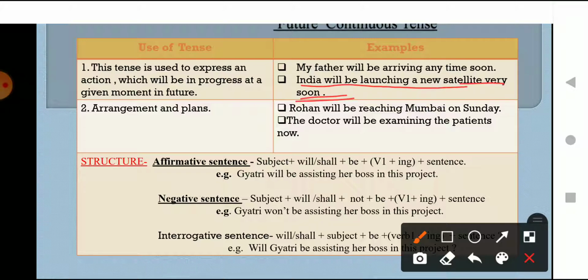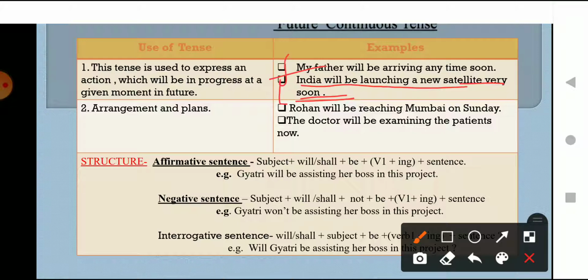This action is also going to take place in future in the continuous form. What is India going to do? They will be launching a new satellite very soon.